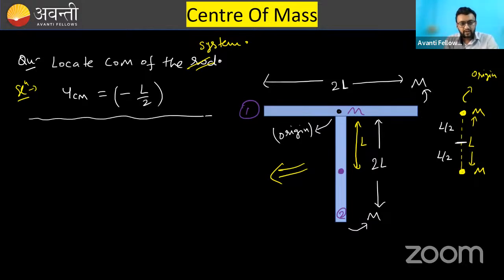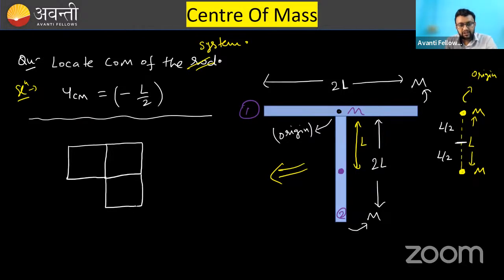So what I have concluded from this question, what was my intention? For example, you were given one square plate, another square plate, another square plate.